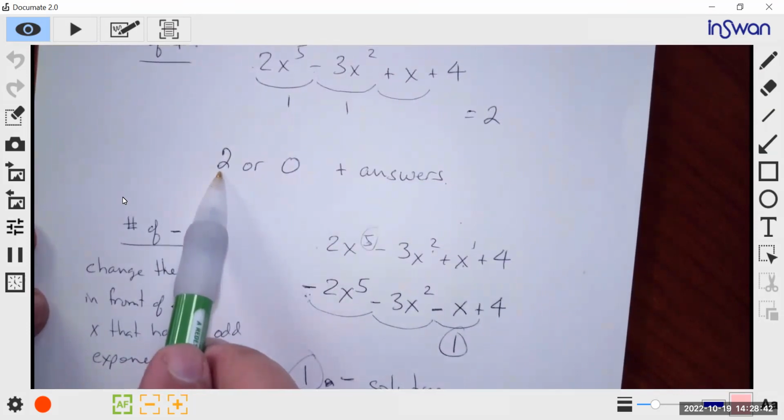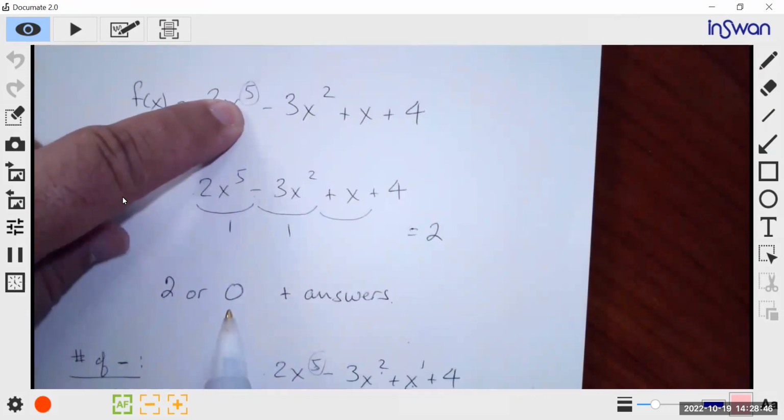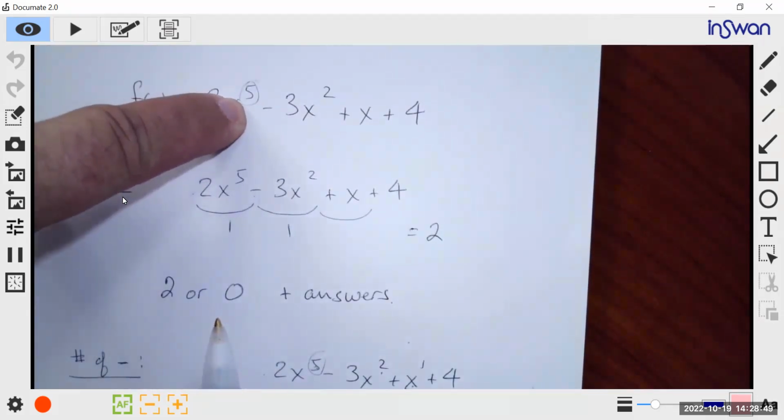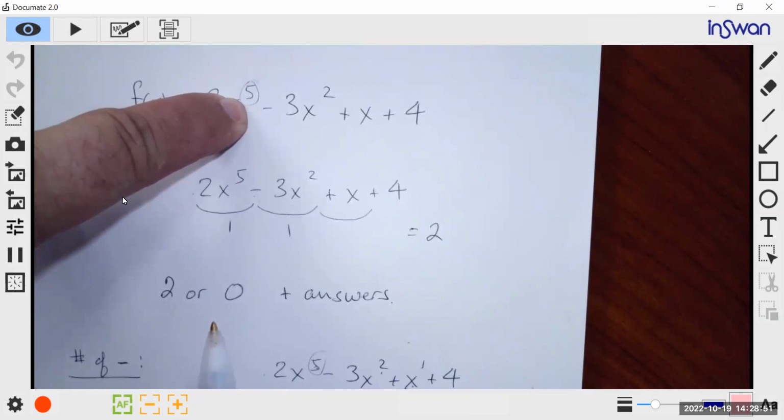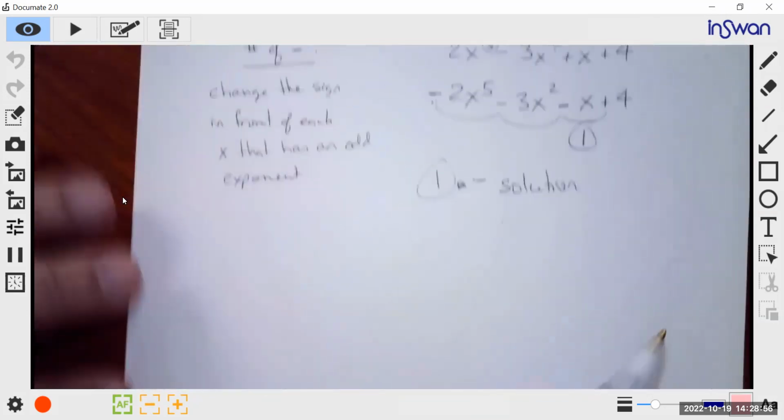Now we know we're going to have 2 or 0 positive answers, but we're missing 2 more. We're supposed to have 5 answers. We'll have at most 2 positive ones, 1 negative one. What about the last 2?